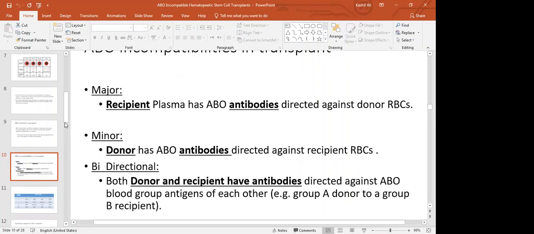A minor mismatch is when the donor has ABO antibodies directed against the recipient's RBCs. And in bidirectional, both donor and recipient have antibodies directed against the ABO blood group antigens of each other. So this is bidirectional incompatibility.